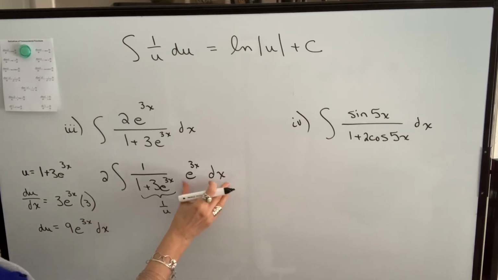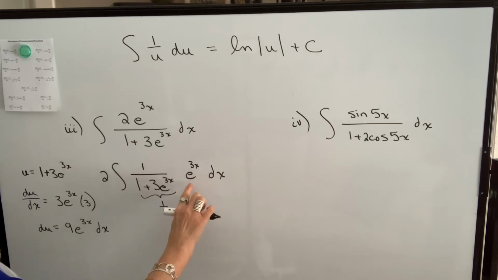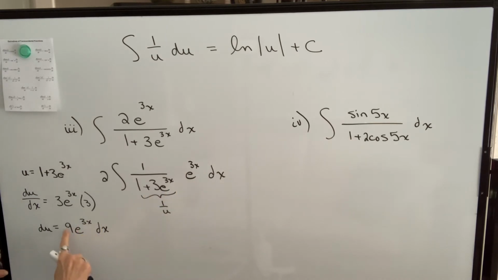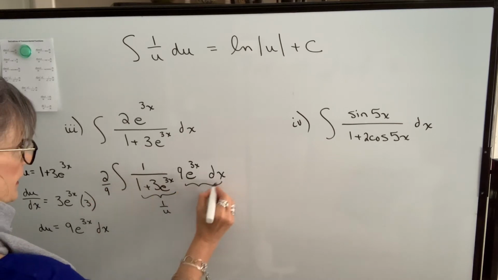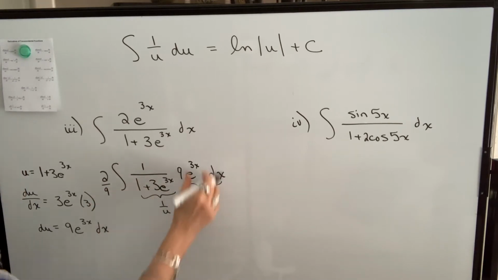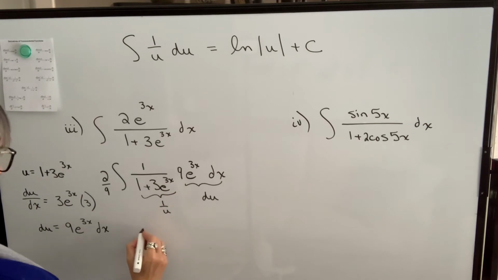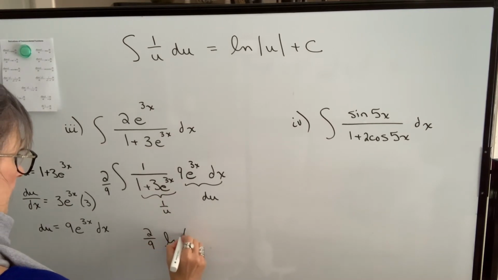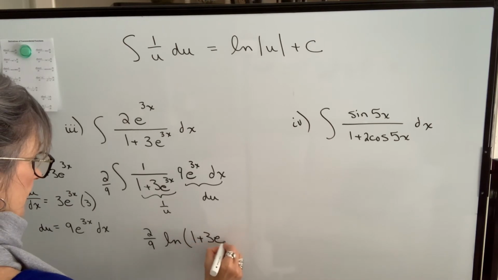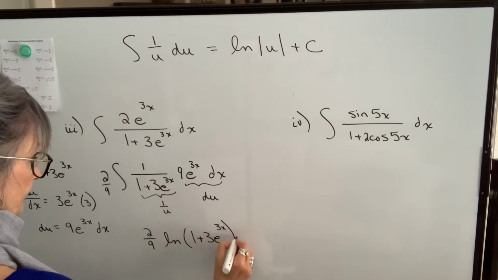When I look at my du factor, I have the most important part of it, but I'm missing a 9. So I'll introduce that as long as I balance it. Now that I have my du factor exact, I can use this form. So I'll have 2/9 times the natural log of 1 plus 3 e to the 3x plus c.